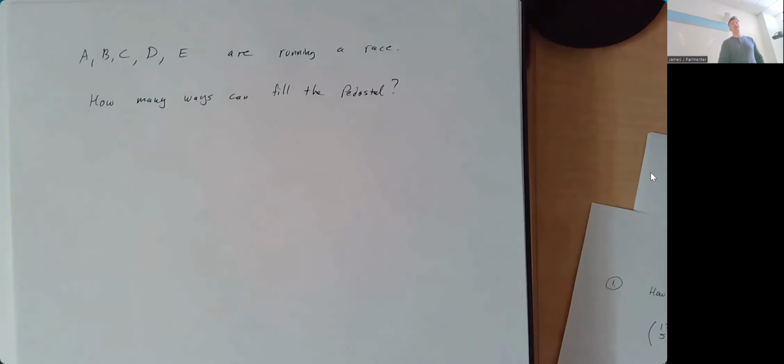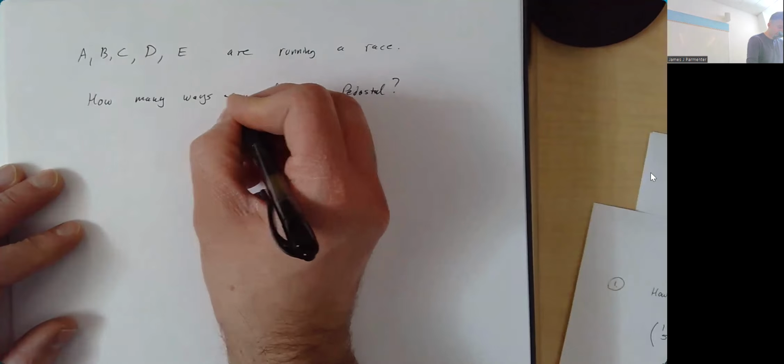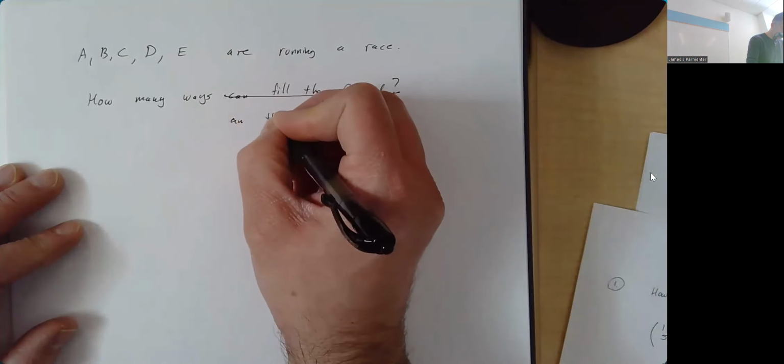Which is a terrible way to ask a question because it's assuming knowledge that people might not actually have. It's assuming that you know that filling the pedestal means we care about who's first, second, and third. So the way a person should ask this question is to ask, how many ways can there be a first, second, and third?